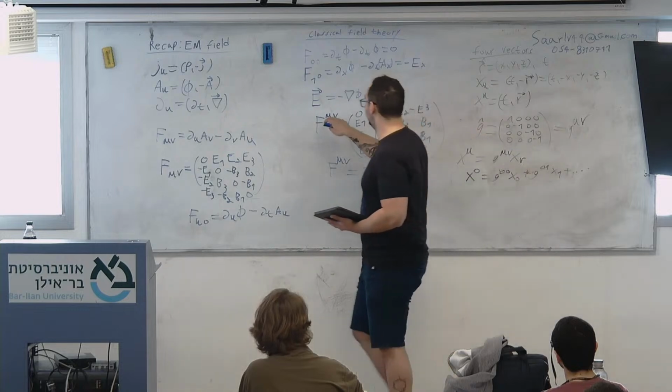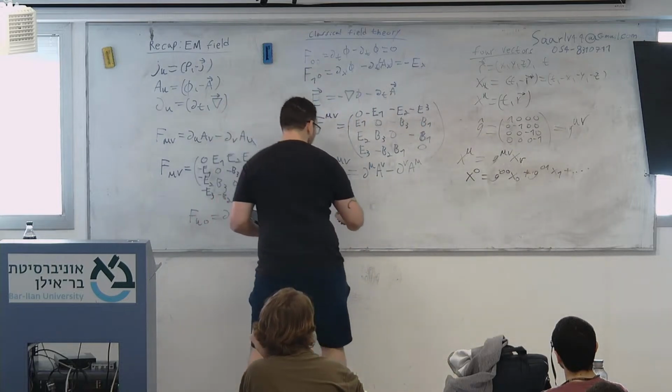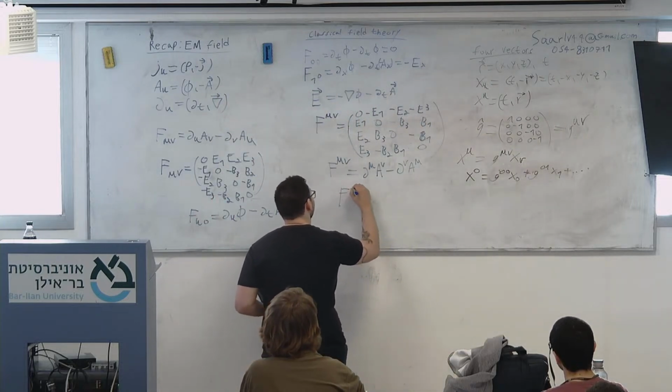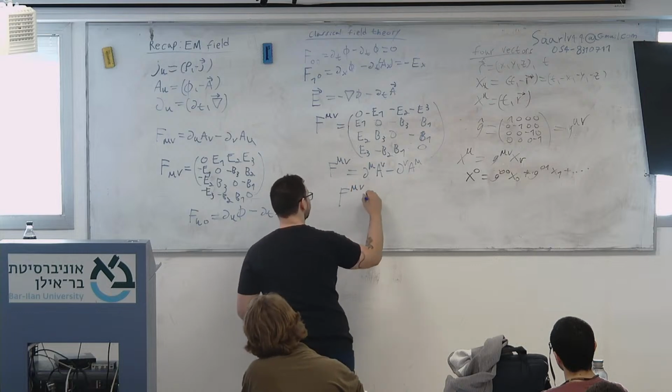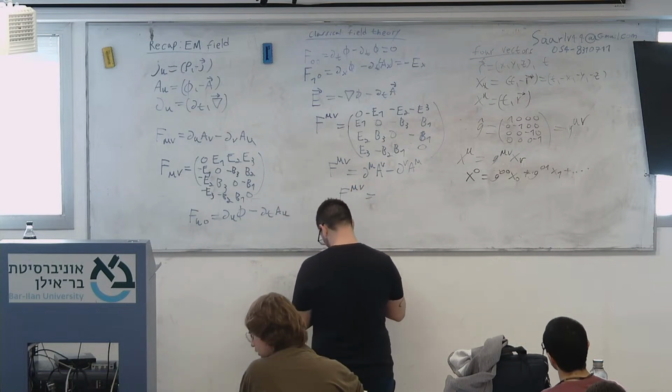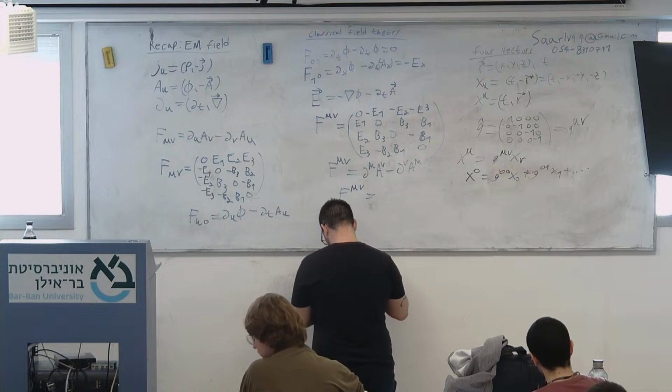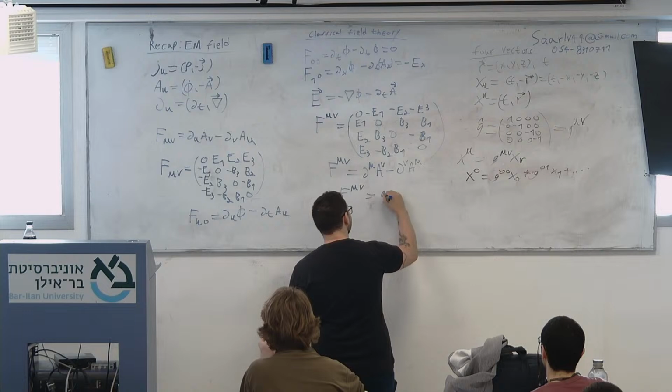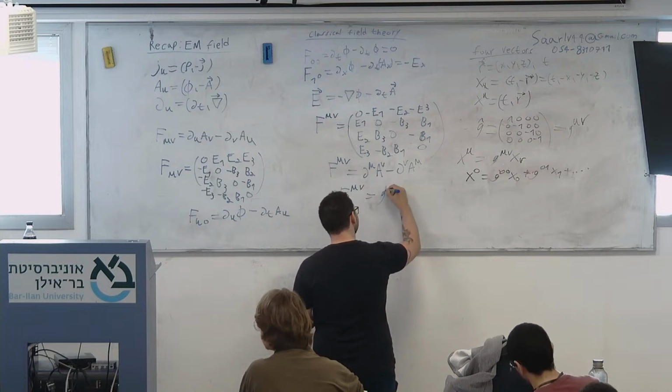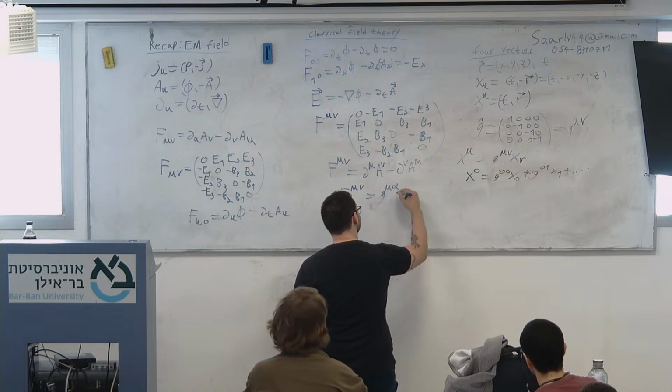But here, because we have two indices, you get F mu nu equal to g alpha g.